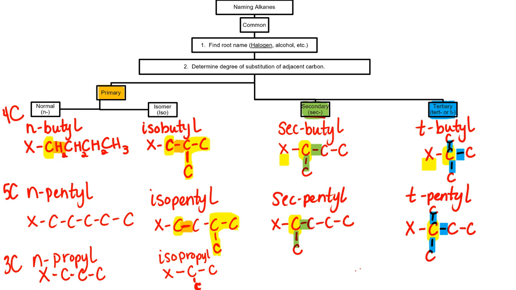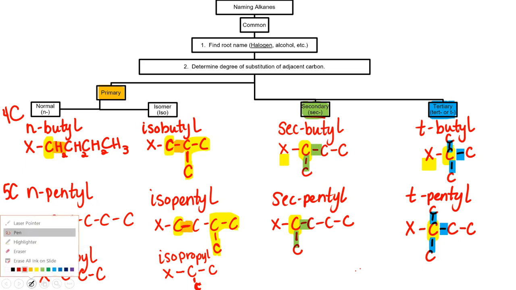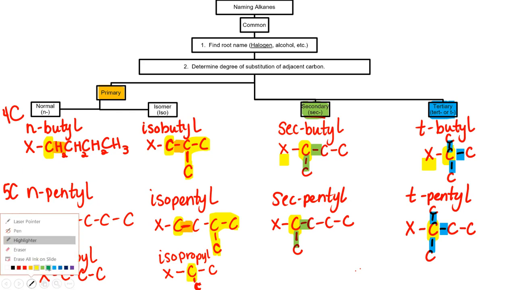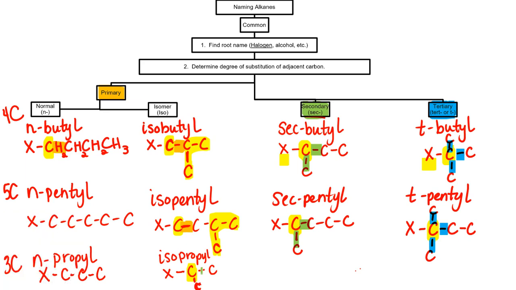And when we put it on the middle carbon, if we examine this really closely, what we notice is that this carbon of interest is actually attached to 2 carbons. Notice here is that isopropyl actually is secondary.